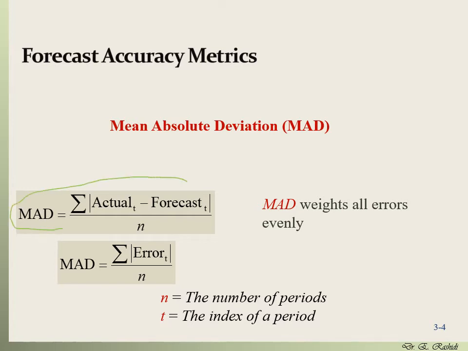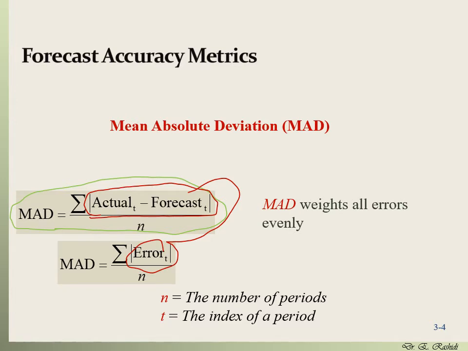The mean absolute deviation or mean absolute error, MAD or MAE, here we use MAD, is equal to the summation of the absolute value of error. That's the actual value minus the forecast. This is the error, as you see here. So MAD is the summation of the absolute error divided by n.